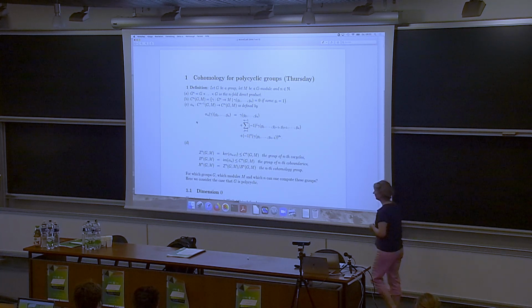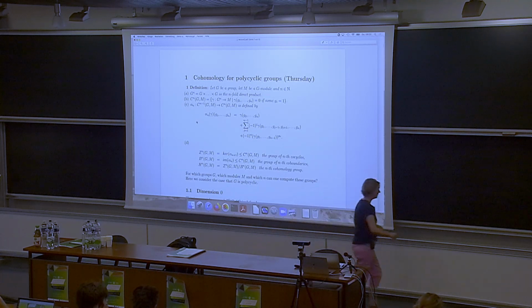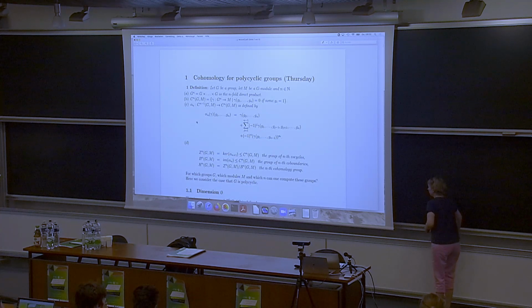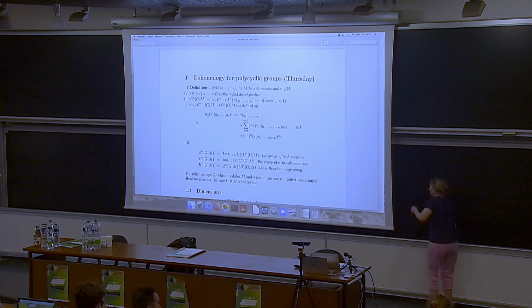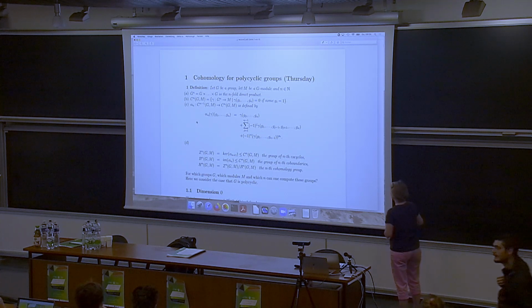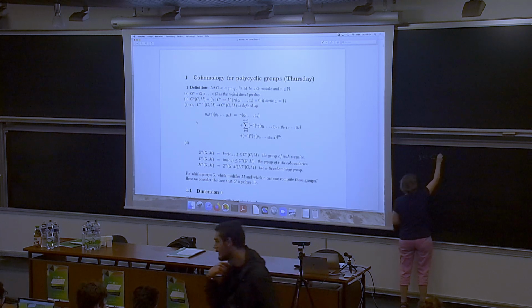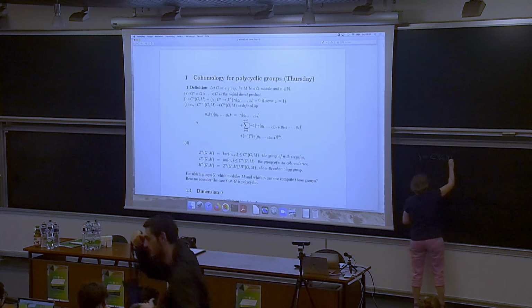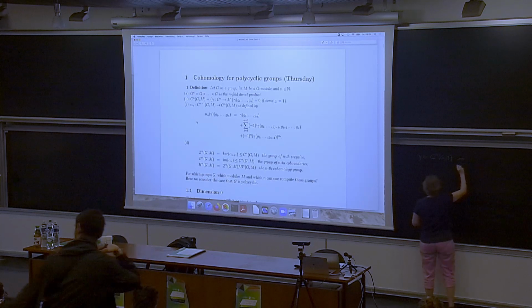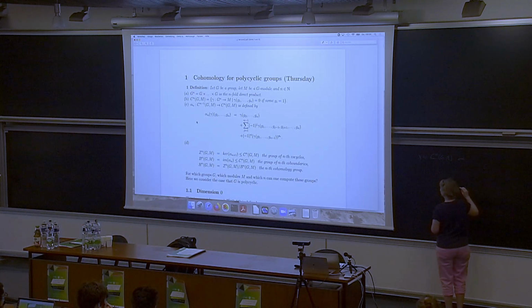So how can you look at these things? Well, you can take one of these maps gamma in Cn, and this would correspond to the list of all images on all elements of G to the n.